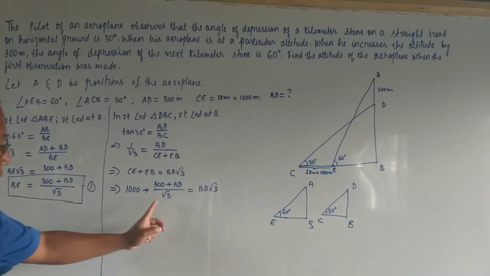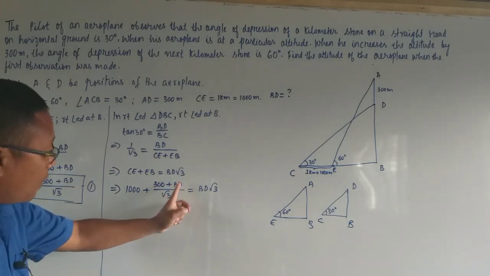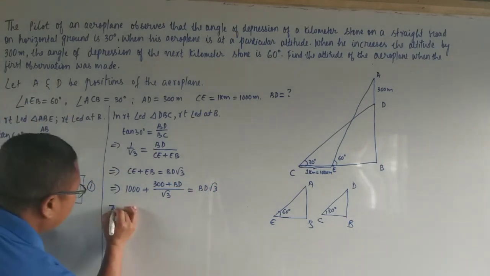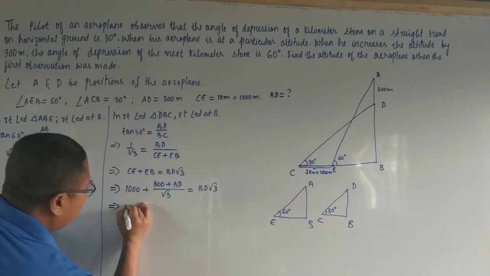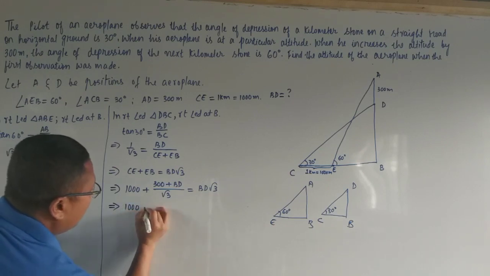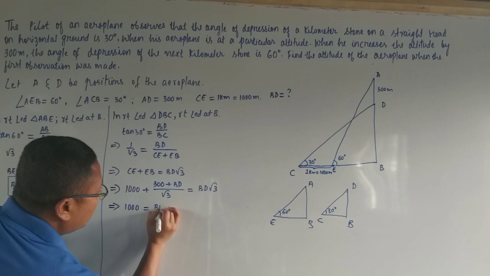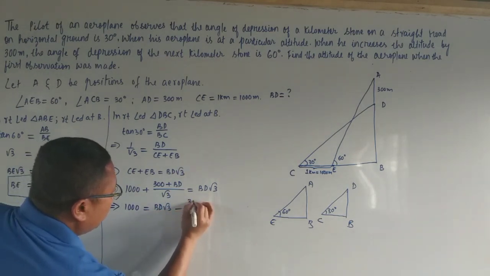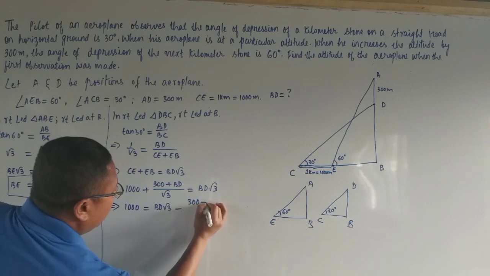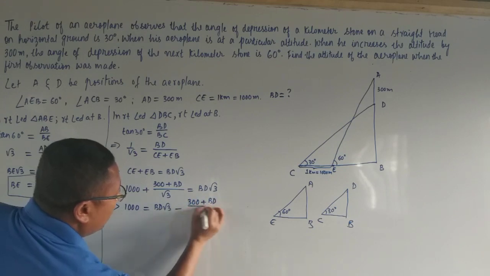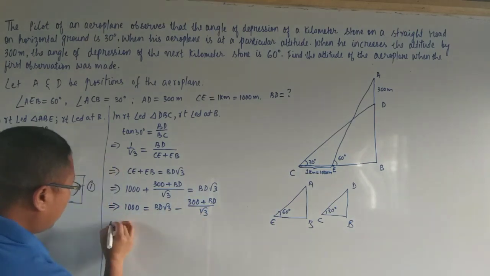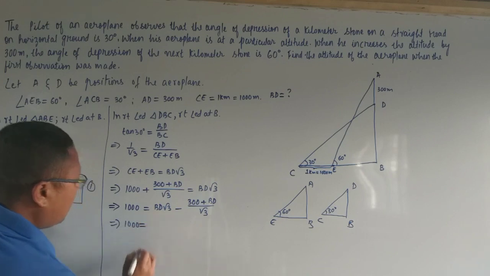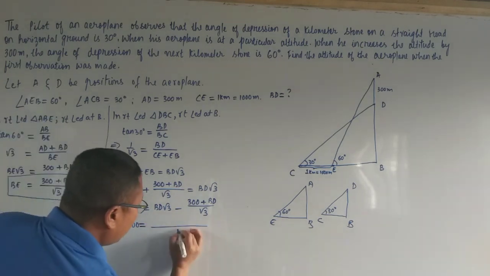Now let's transfer the term that involves BD to the right hand side. So 1000 equal to BD √3 minus (300 plus BD by √3). So we need to solve the right hand side. So taking the LCM, which is √3.